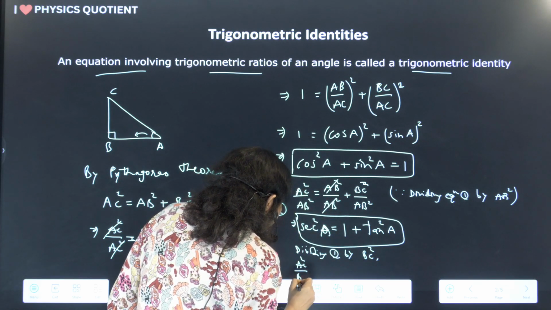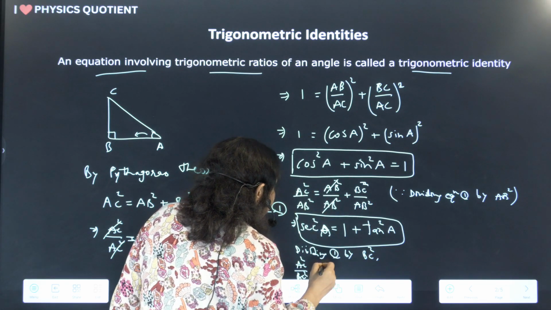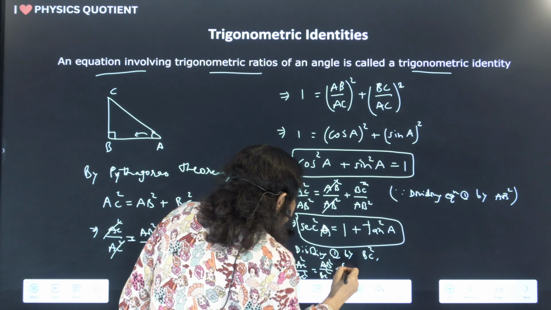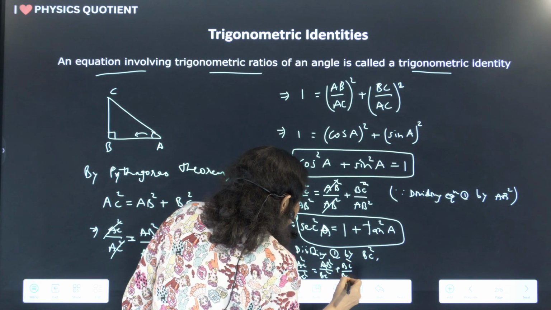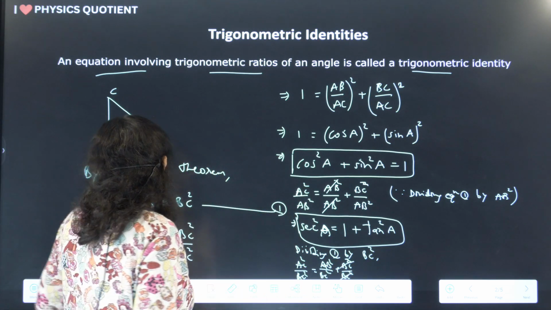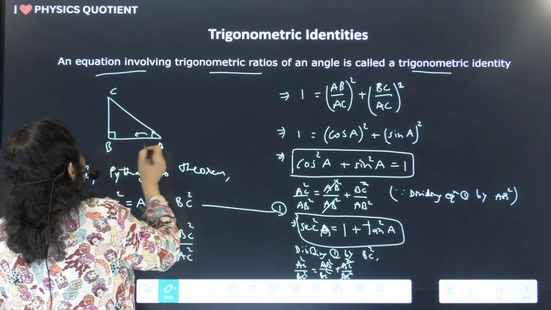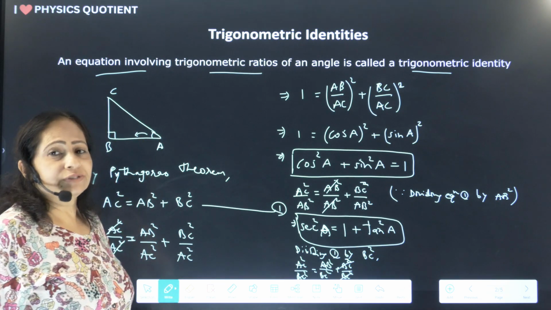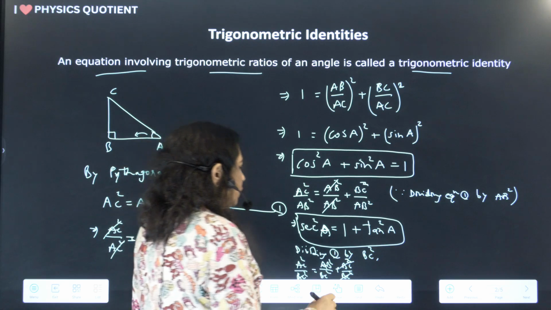AC square upon BC square equal to AB square upon BC square plus BC square upon BC square. This will be 1. AC upon BC is reciprocal of sine, that is cosec.